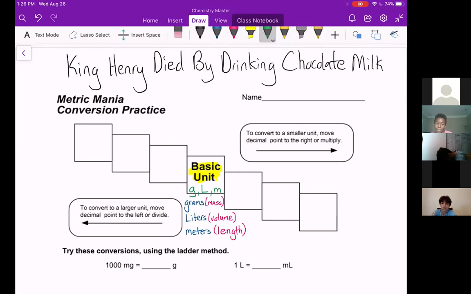All right. So now what we're going to focus on is going to be a shortcut for us to figure out how to convert between these.